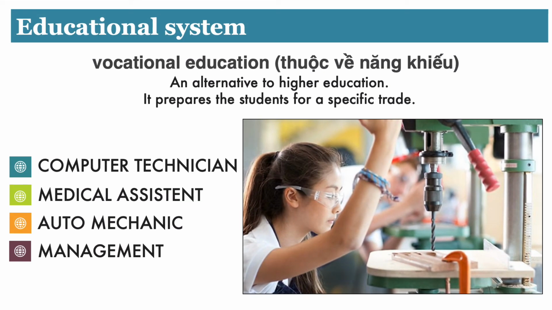After you get your compulsory education, that includes primary and lower secondary education, it is grades 1 to 9, you have a choice. You can continue studying at school, you can get a vocational education, or you can go and work.